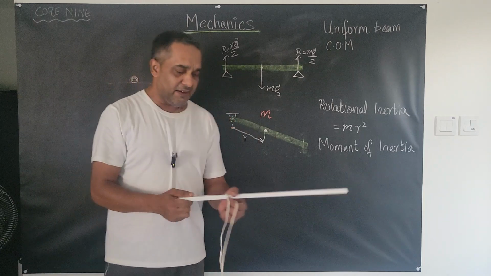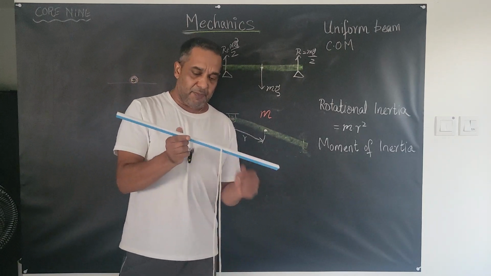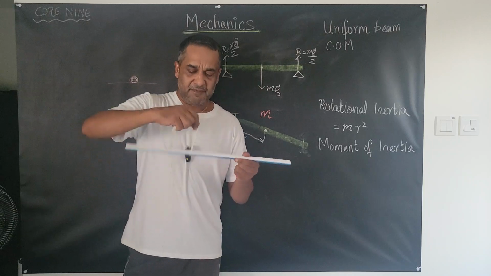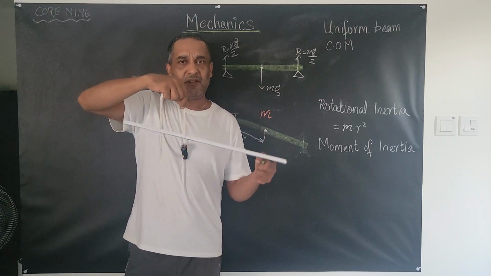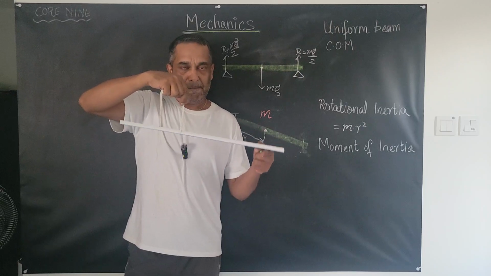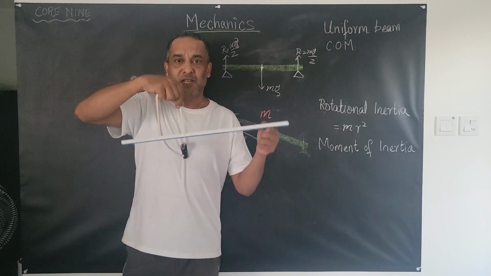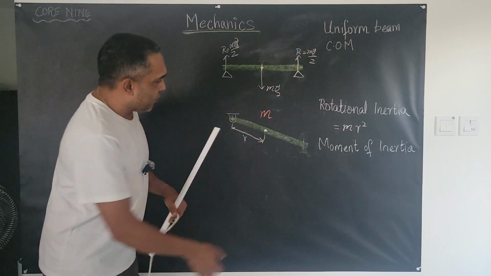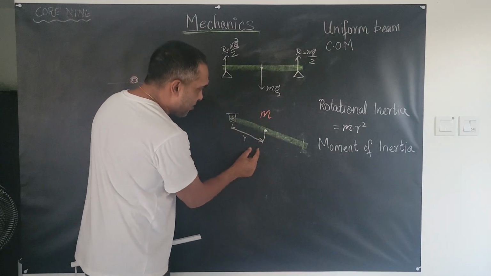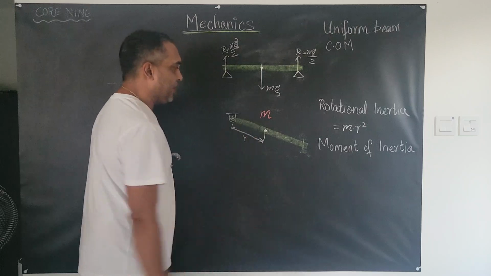It's very different if I was going to say, that's the point now at which I'm going to hinge it. Very little force needed. Its resistance to motion is much lower because I am now much closer to its center of mass. So in my m r squared, my r is reducing because that's where I'm hinging it.